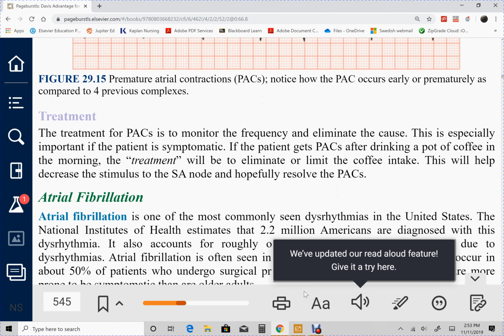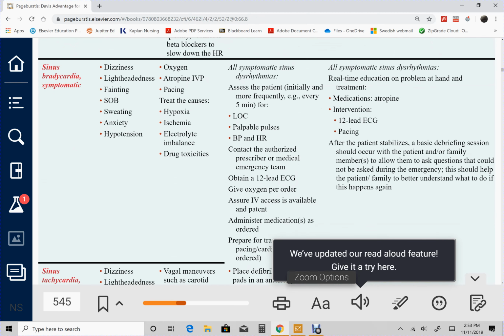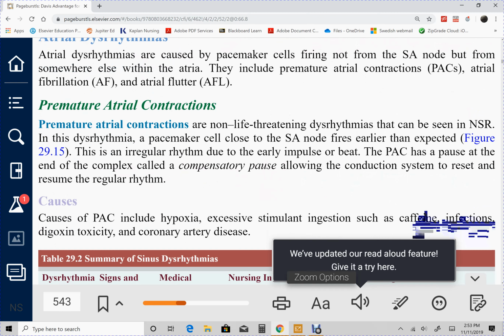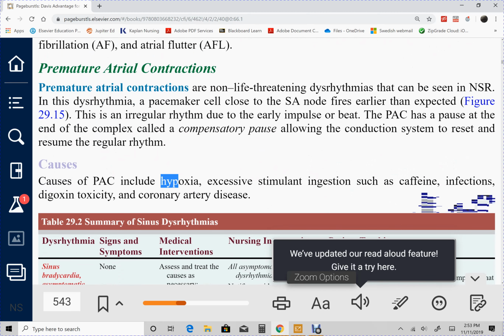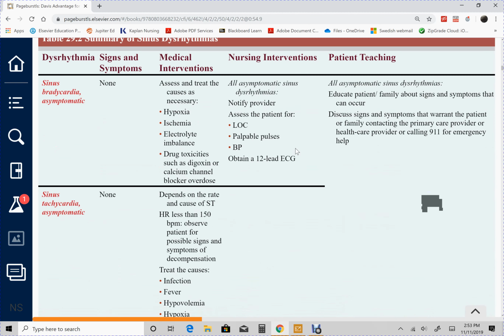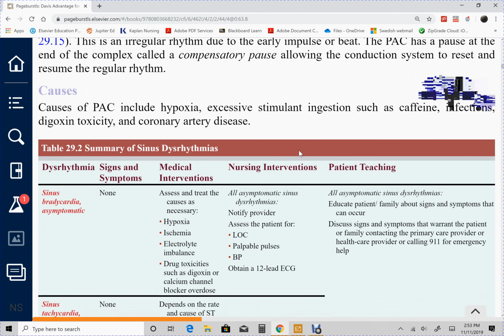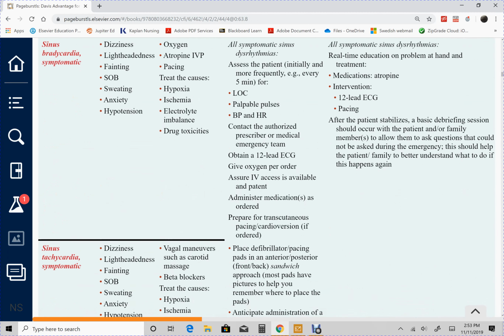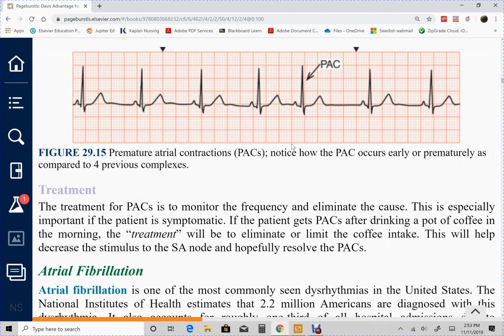The treatment again is the cause. As we identified here, the causes of PACs are what? These are the known causes of PAC. So locate them. If the patient has any of those causes, then eliminate them, and that should eliminate the PAC.